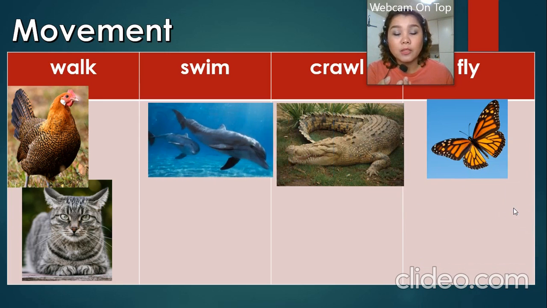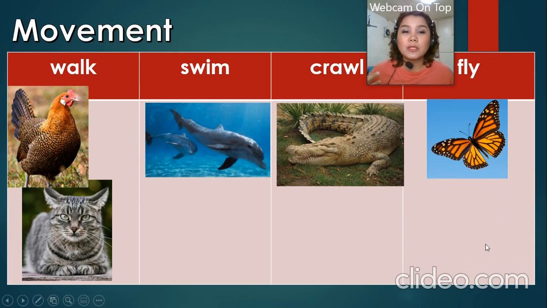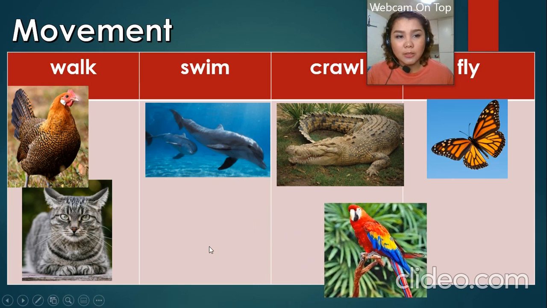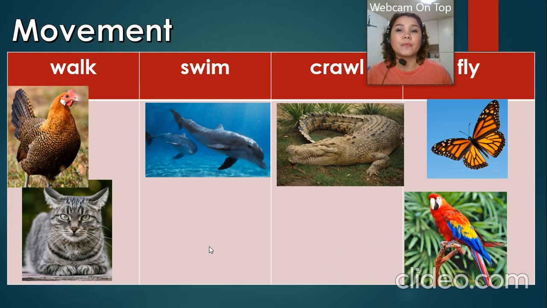By swimming. This is how we can group according to their movement. You can also browse or look for videos on YouTube, so that you can see more animals, especially those not found in the Philippines, for added information and more learning on how other animals move. Okay, lastly, the parrot. It can fly. So that ends movement.